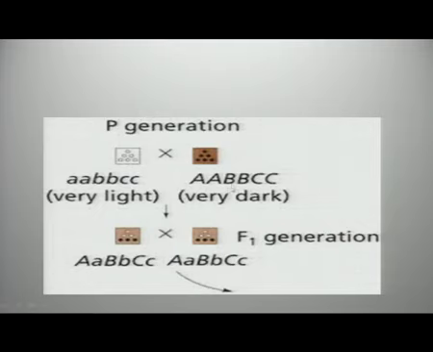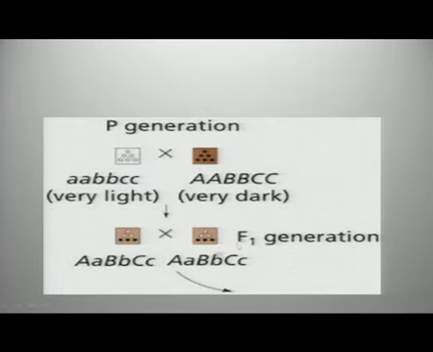Here you can see the representation. A very light or albino is represented by 3 separate pairs of recessive genes, and a very dark negro by 3 separate pairs of dominant genes.